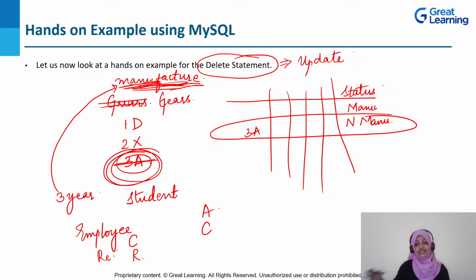Some such status change that will actually show that the record still exists with us but is no longer in active circulation. So what happens when you try to do other calculations or other retrievals? You form your data in such a manner that it is going to only reflect the manufactured gears. All right, so you exclude all of the non-manufactured gears.